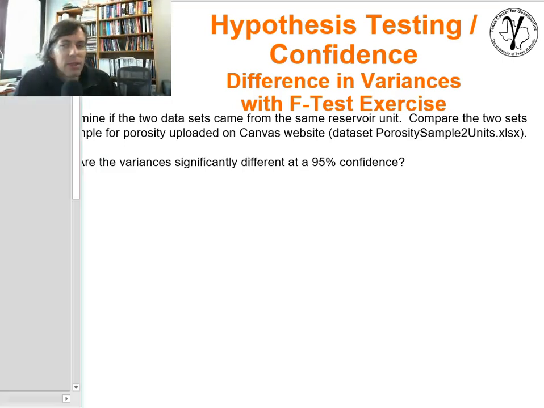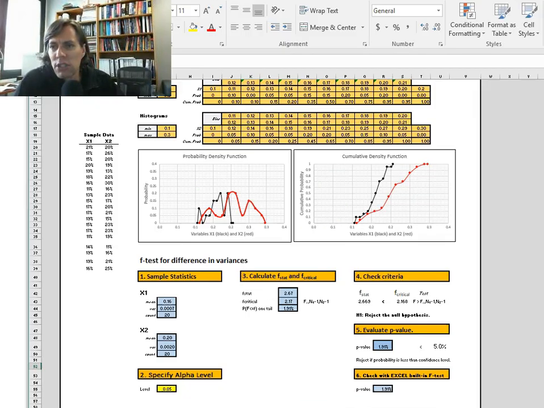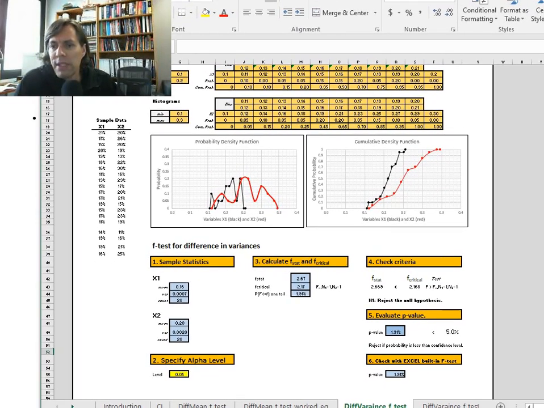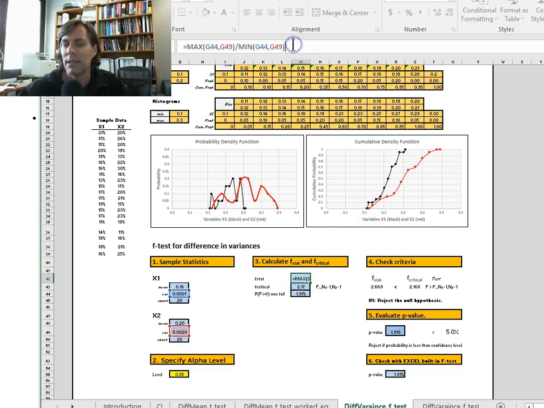Okay, so this is what it looks like if we go ahead and just walk through it. Once again, we're going to do the F test for difference in the variance. We take our data sets, we calculate the mean, we have the variance, we have the count. We did that before. It's good to have those summary statistics. Our F statistic is simply going to be take the one that's larger and divide the one by the one that's smaller. That's our F statistic.